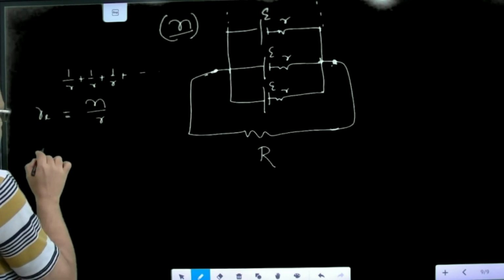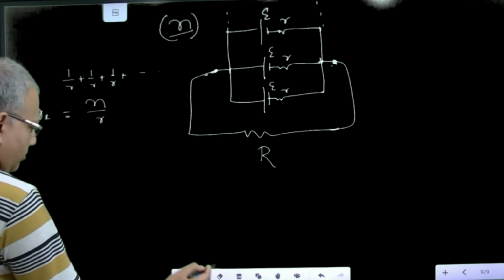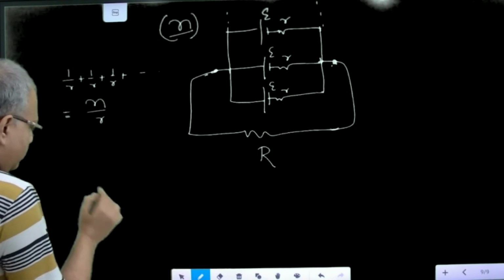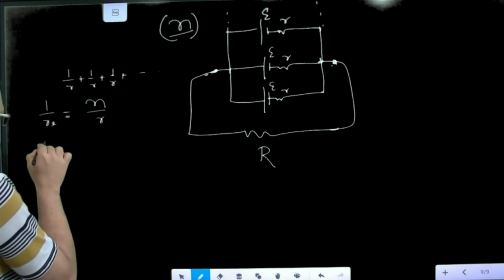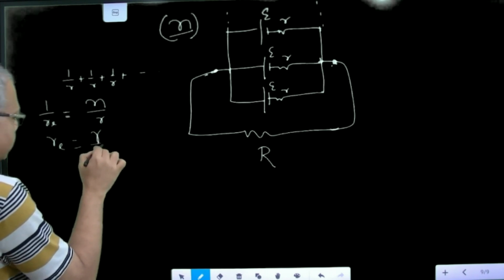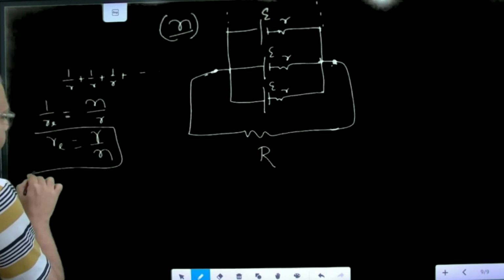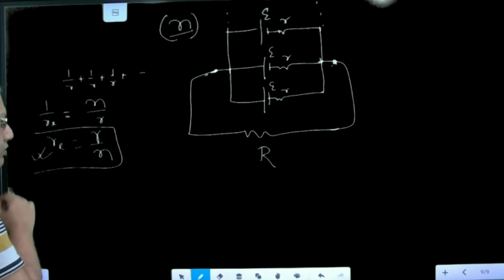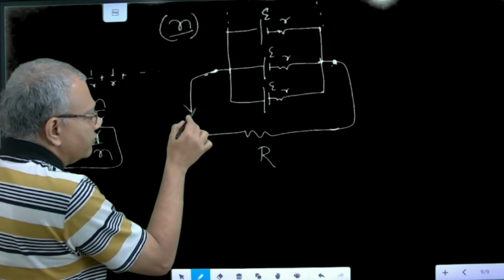1 by R equivalent. So R equivalent is going to become R divided by N. So this part is going to become in series with this one.